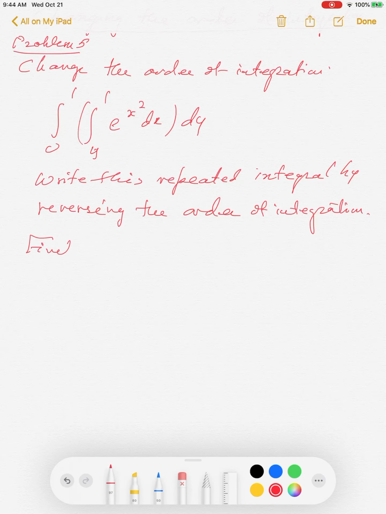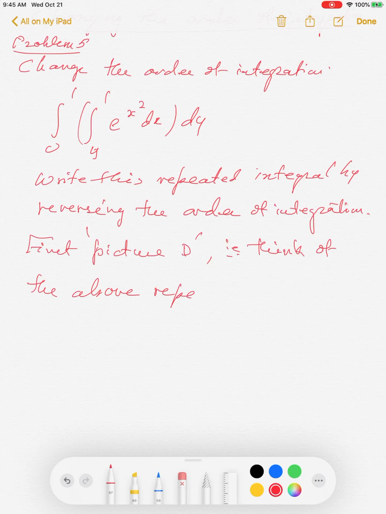So let's do that. So first picture D. This is very important. You write this as a double integral and picture D. That is, think of the above repeated integral as a double integral.